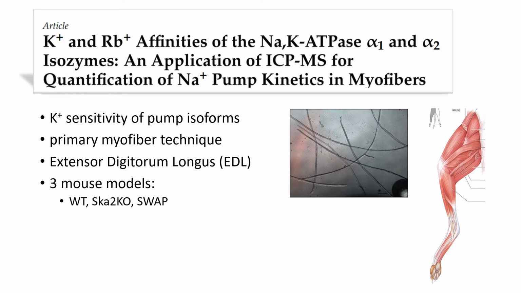To measure potassium sensitivity of pump isoforms, here we used a myofiber technique I developed, and myofibers were obtained from the extensor digitorum longus muscle from mouse foot. Three mouse models were used: wild type, skeletal muscle alpha-2 knockout, and swap.